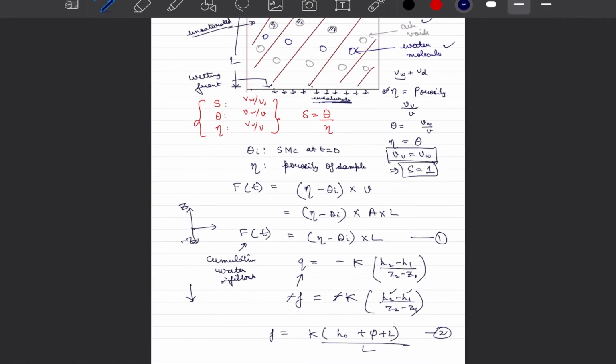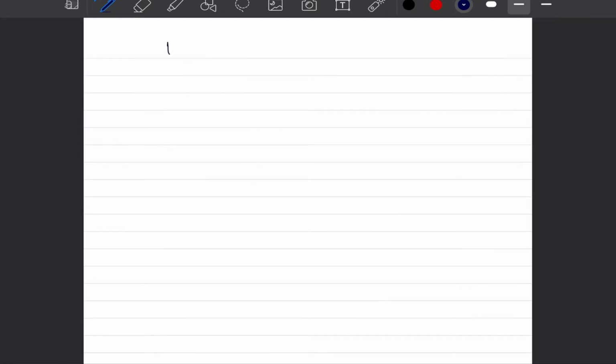For the sake of simplification, we can write F(t) as L times delta theta, where delta theta is the difference between porosity and the initial soil moisture content that is present, and both these quantities are measurable in the lab.